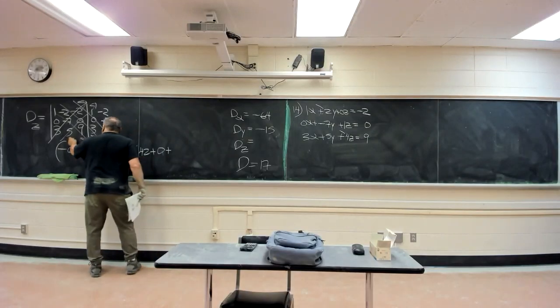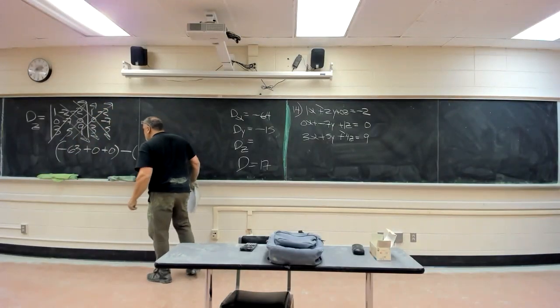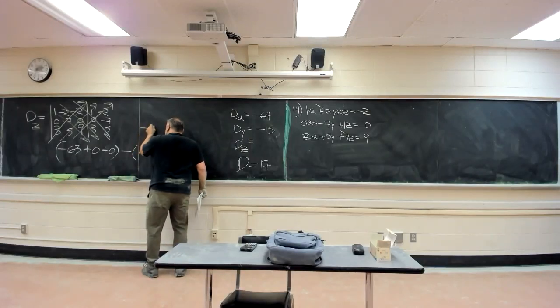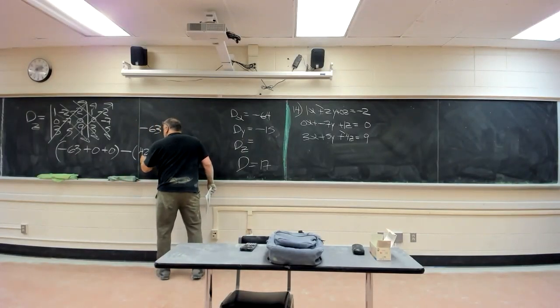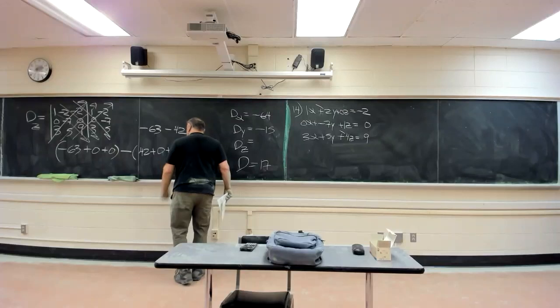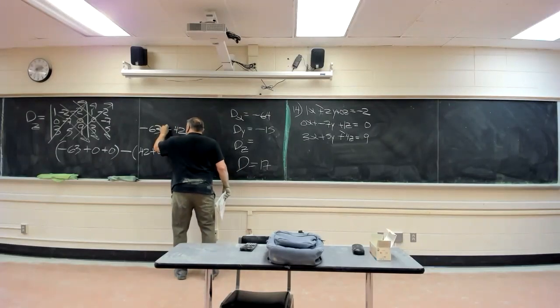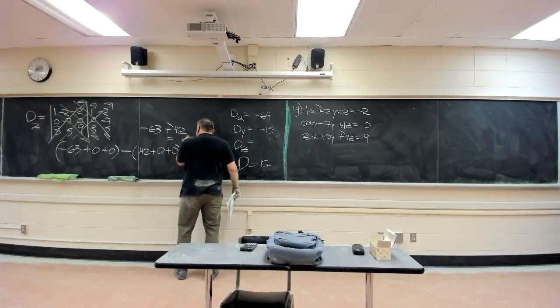And 9 times 0 times negative 2 is also 0. You got negative 63, and you got the other guy's 42. Minus 42 is plus a negative 42. That's negative 105.